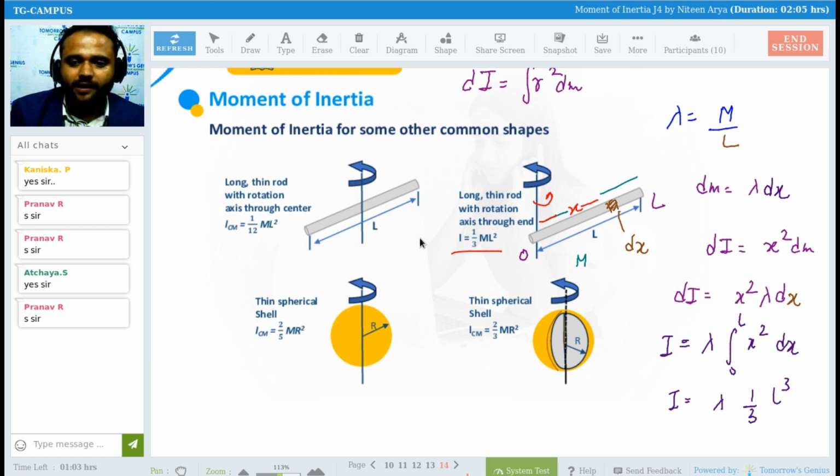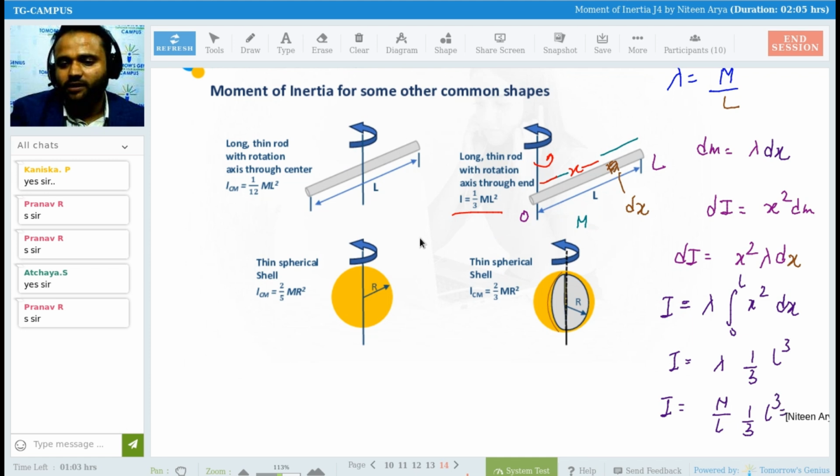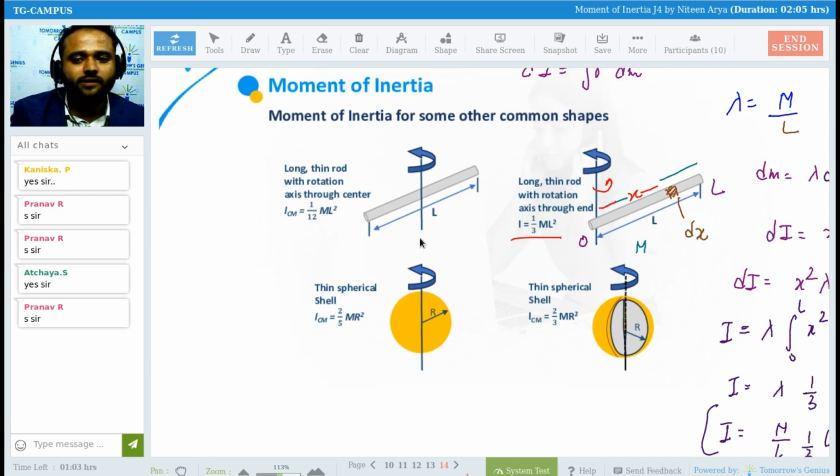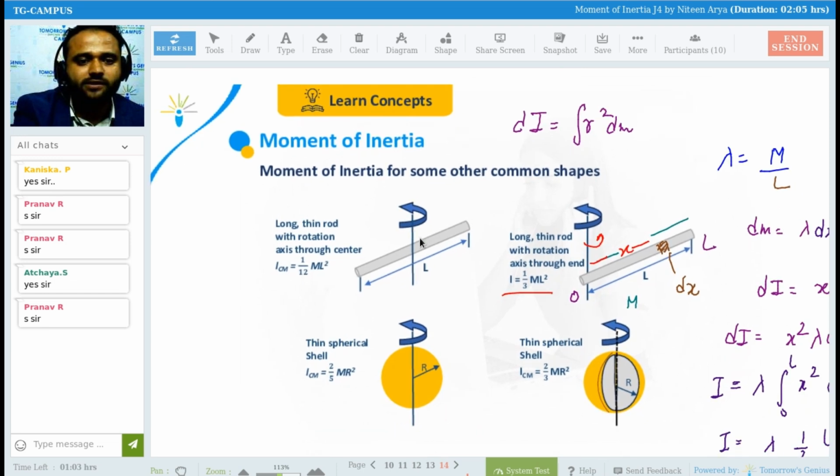Clear everyone? I can put rho as M by L and get I equals M by L times 1 by 3 L cubed, and that is 1 by 3 M L square. Is this clear everyone? This is one thing.